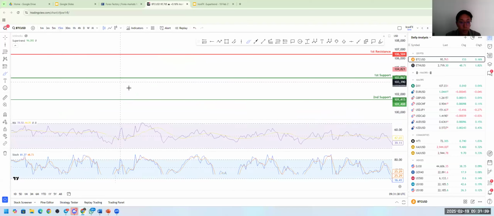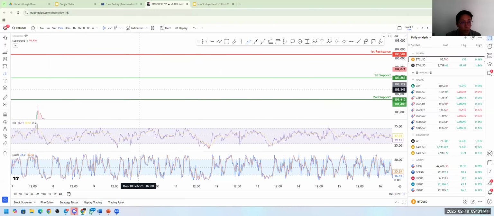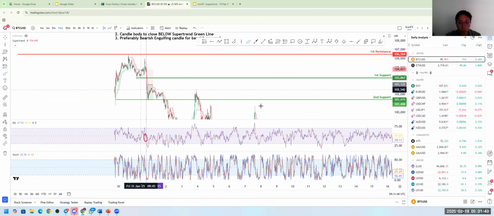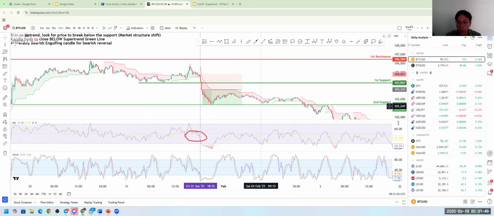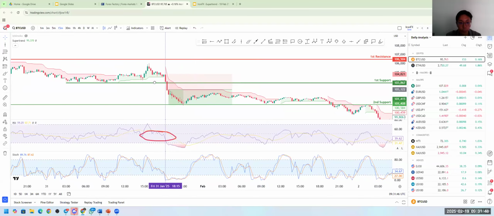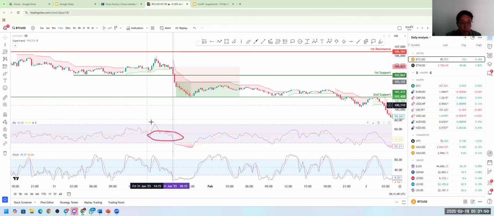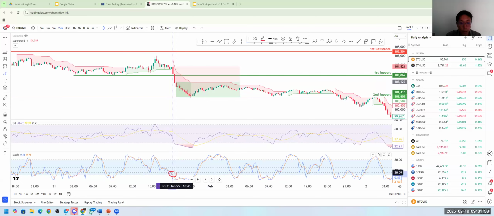And then if I go to the 15-minute time frame, you can see right here, stochastic, we have another crossover, RSI still below.